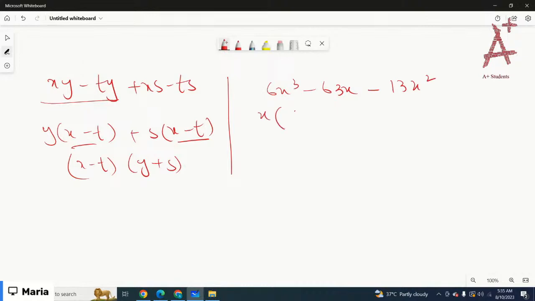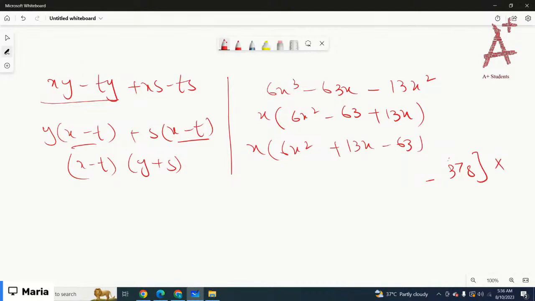You can take x common: 6x squared minus 63 plus 13x, right? Just rewrite it as 6x squared plus 13x minus 63. So 63 times 6 is 378. You have to find two factors that when multiplied make negative 378, and when added or subtracted make 13.